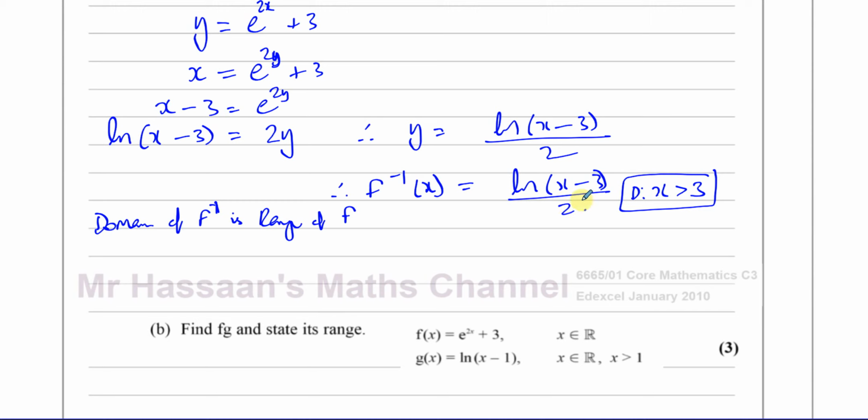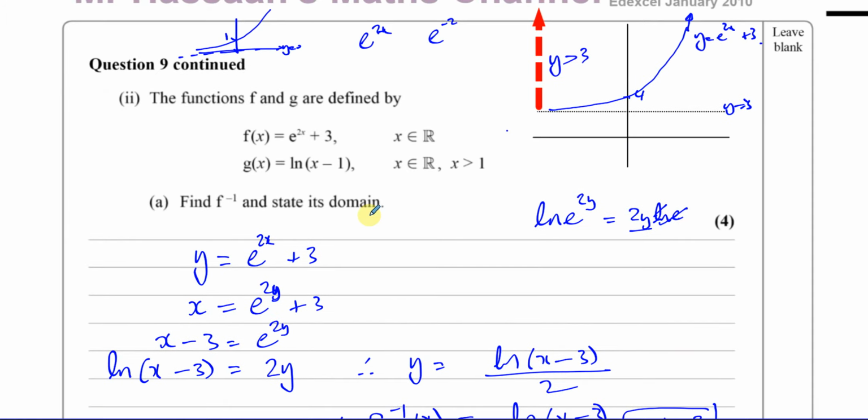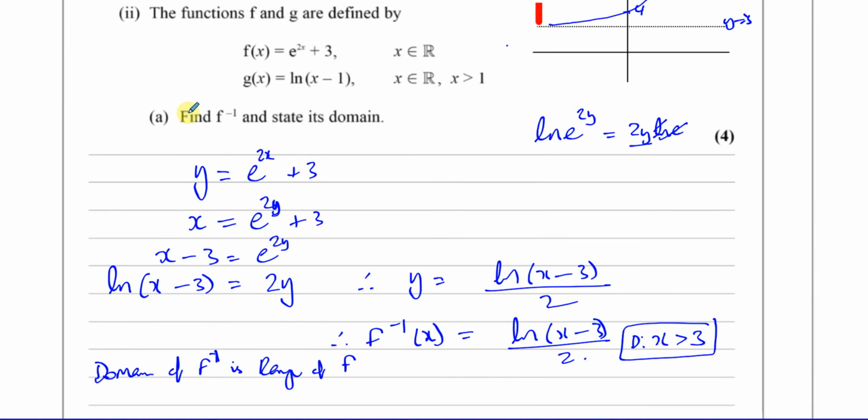So this is only defined when the value in this bracket is positive, and it's positive when x is greater than 3. It can't even be 0. So that's the domain of this function. All right, so that's part 9, part 2, part A.